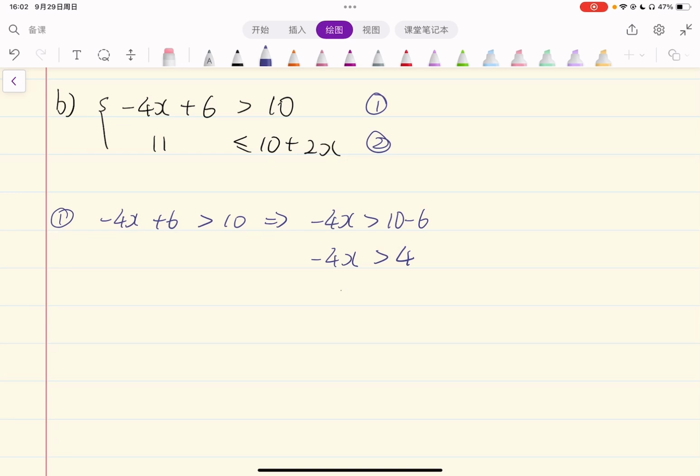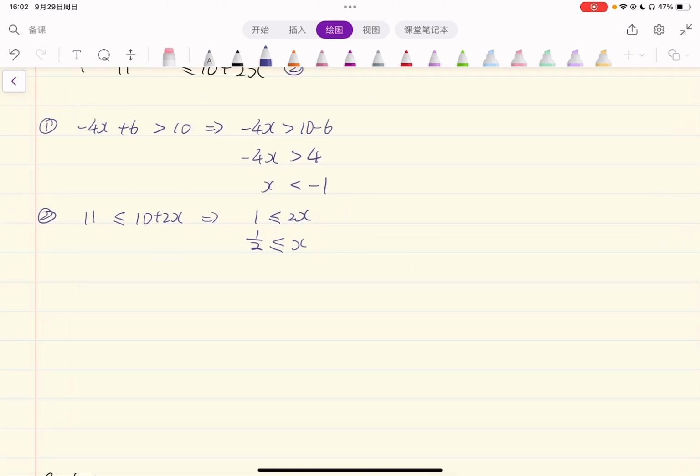So that is x less than minus 1. For the second one, we have 11 less than or equal to 10 plus 2x, which implies 1 less than or equal to 2x. So x greater than or equal to 1 over 2, a half.